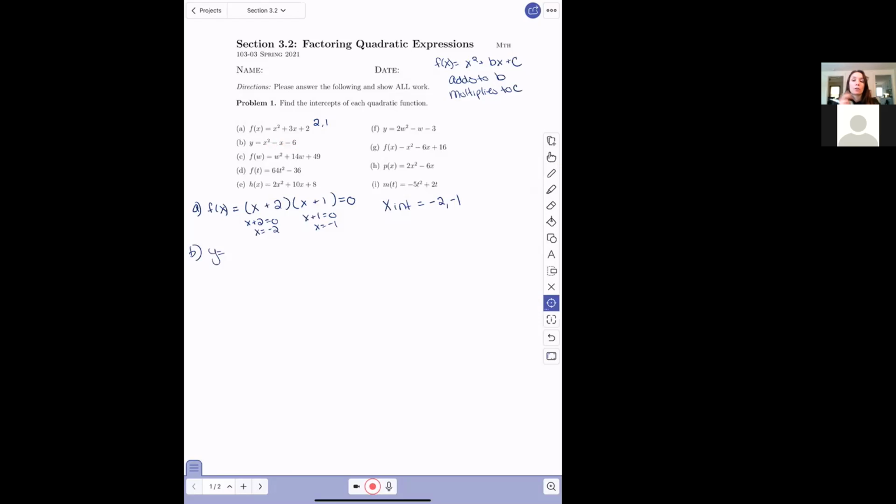If we are creative and we play around with the negative signs on 2 and 3, we could find something that adds to -1 and multiplies to -6. So let me set up first my binomials with my x's in there. And then we know we're going to use the numbers 2 and 3. So then we just have to make it so that they add to -1 and multiply to -6.